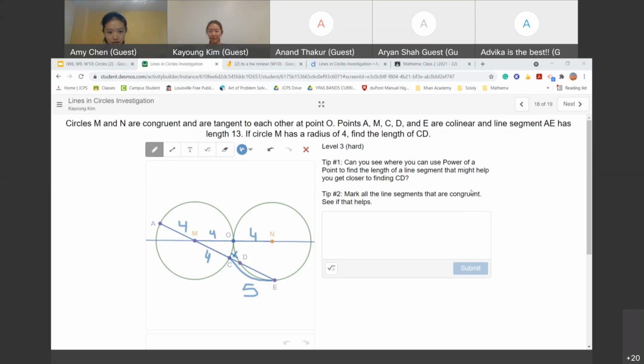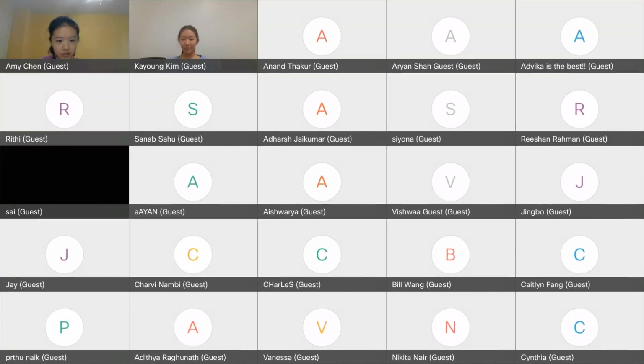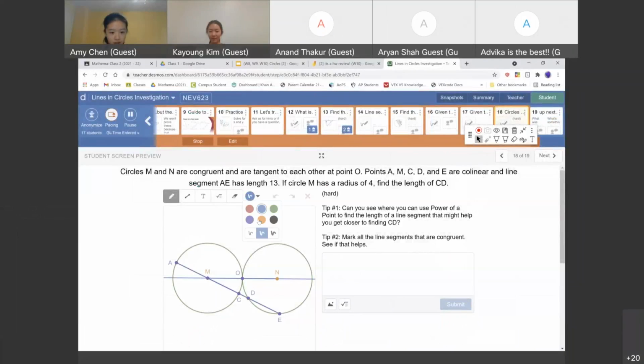So, okay, I'm going to only focus on the parts I highlight. So focus on this line segment and this line segment. Notice that it intersects a circle here and here. Ignore everything else.